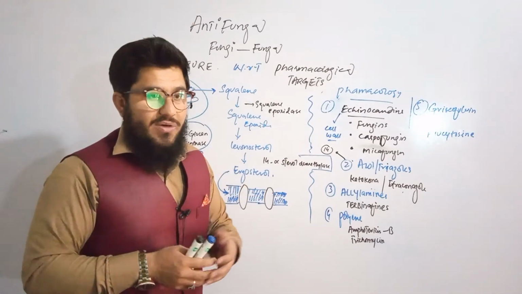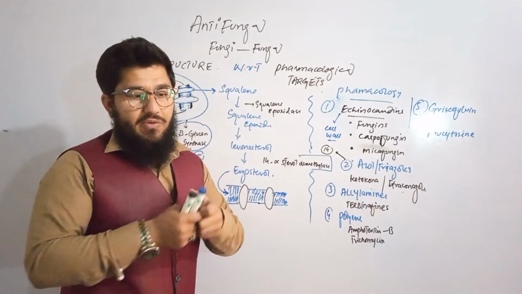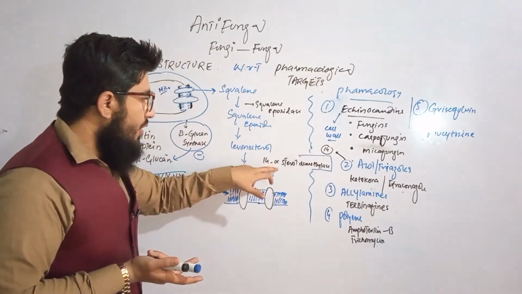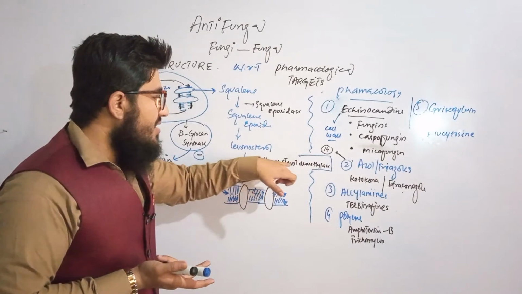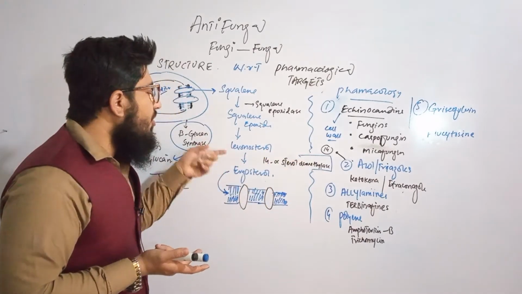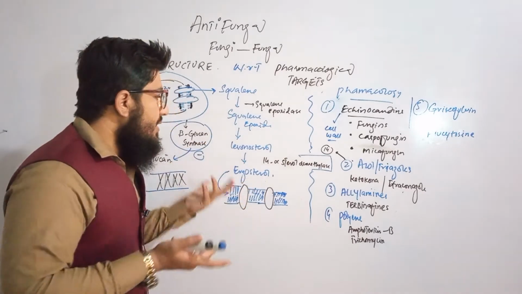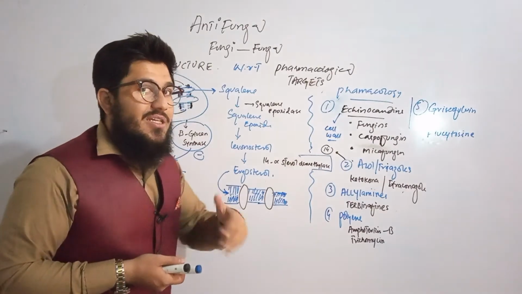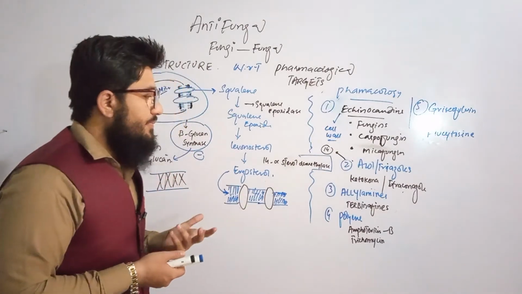So whatever is present in the cell will move out because the cell membrane is not available now. So in short, we inhibit 14 alpha sterol demethylase. When we inhibit this enzyme, lanosterol won't be converted into ergosterol, meaning we inhibited the cell membrane integrity or synthesis, you can say.